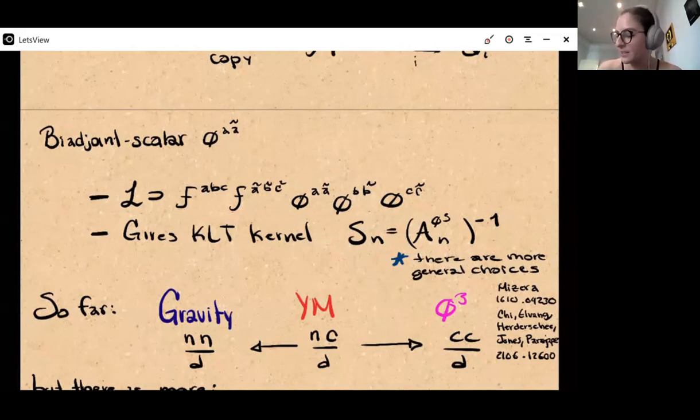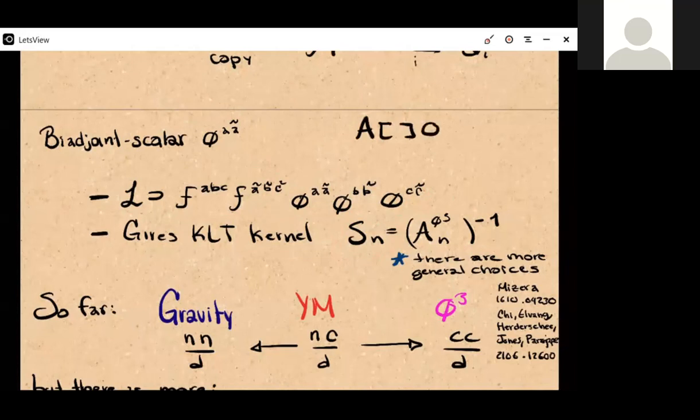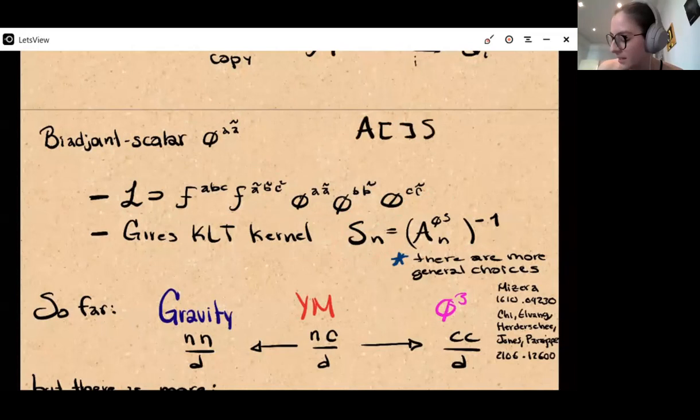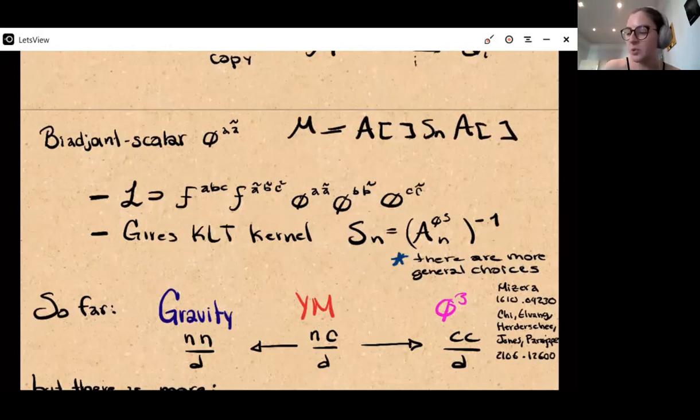So for KLT, we were writing scattering amplitudes like this, with an S_n, and this was giving you gravity. If you switch one of these amplitudes, I told you I can pick whatever I want, this is Yang-Mills.